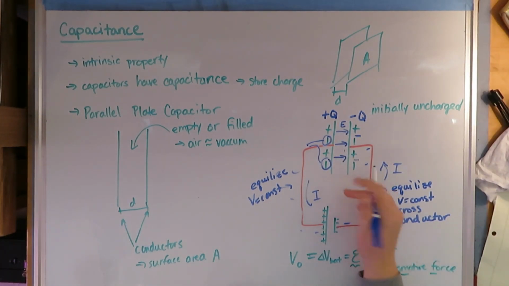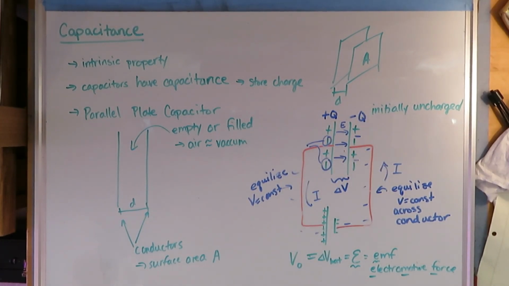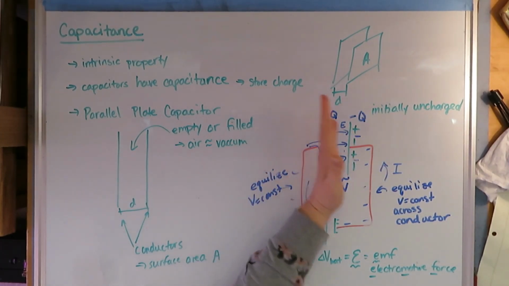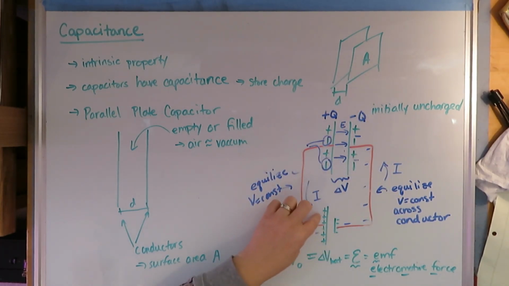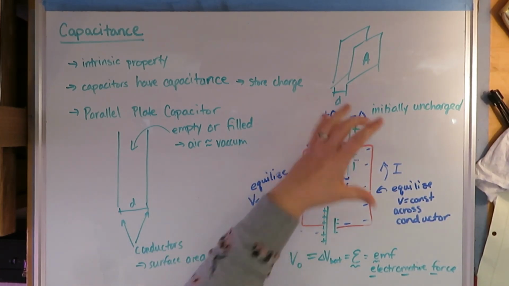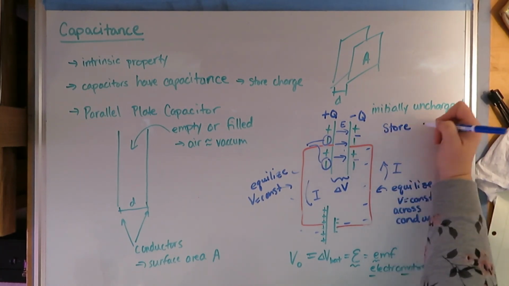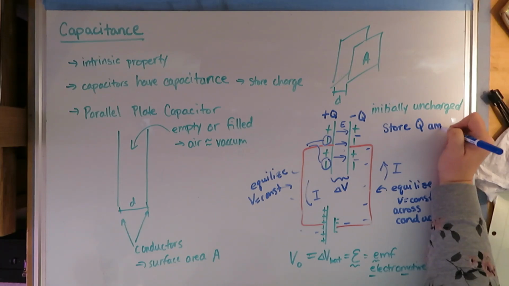And if I have an electric field, that means I also have a potential difference. This is kind of like in the electric fields lab where we created two charged lines by connecting them to a battery. We were actually creating a capacitor, and that capacitor was storing charge. Now we say that this capacitor stores Q amount of charge.